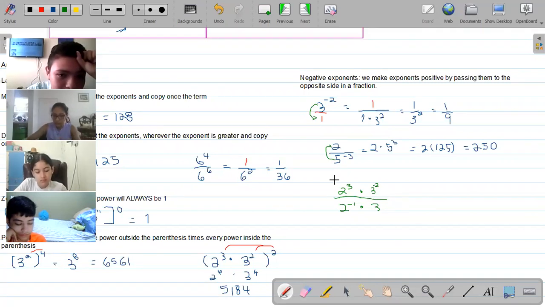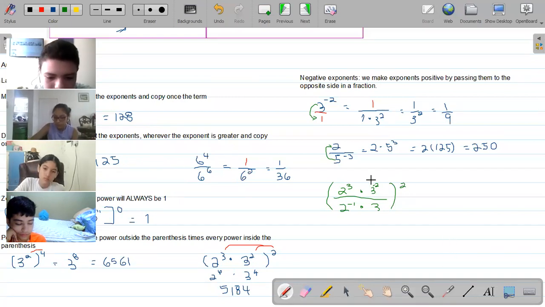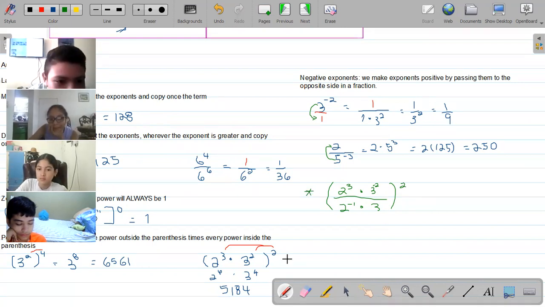We're going to do it like that. And then we're going to do a power of a power that's going to be 2 to the square. And we're going to simplify this exercise, okay?